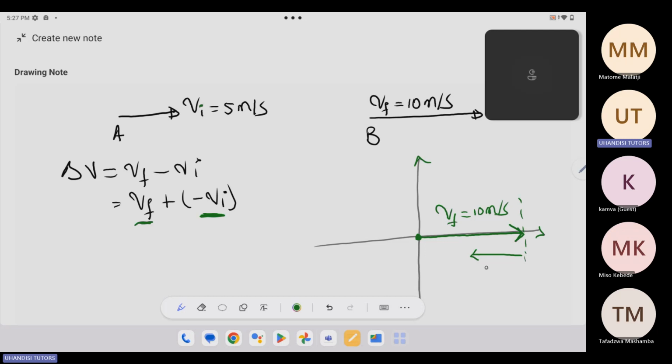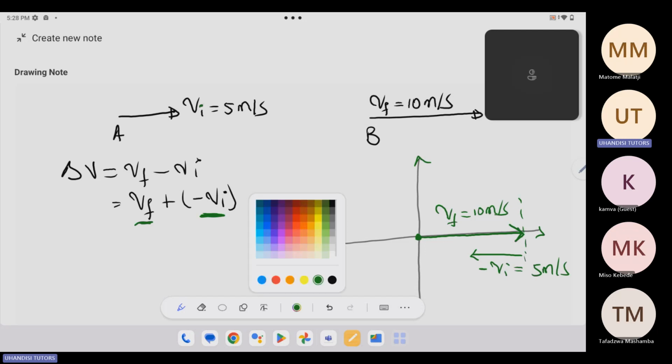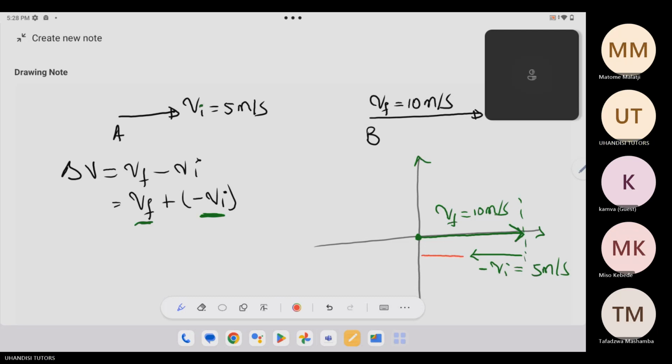Now my initial velocity vector, which is minus vi, is equal to 5 meters per second. When you're done doing this, you need to connect the two vectors from start to finish. There you go. This was our starting point, remember? So this was the start, and this is the finish point. This is the final point. When you connect your two vectors, you have to draw this vector from the final vector to the initial vector.